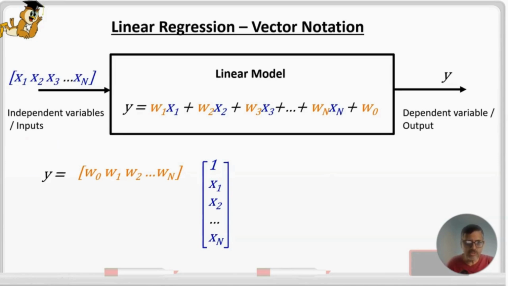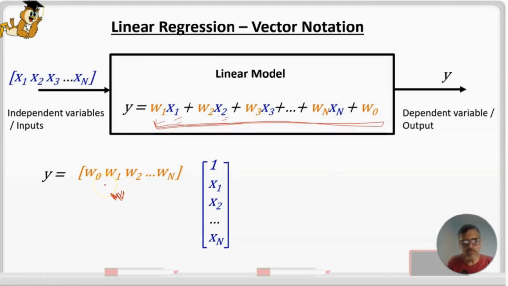We said y was a linear combination of the input variables where each input variable was being multiplied by the corresponding weight. Now this can also be written in terms of vectors. This is the vector W. I'm going to use bold font for vectors.